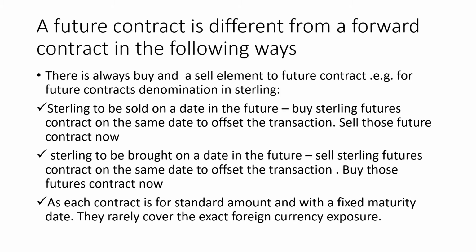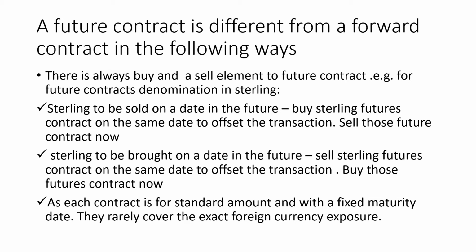Now, other differences between a forward contract and future contract is that when we talk about future contracts, there is always a buy and sell element in future contract. For example, if there are future contracts which are denominated in sterling, so certain conditions are there, like sterling to be sold on a date in the future.